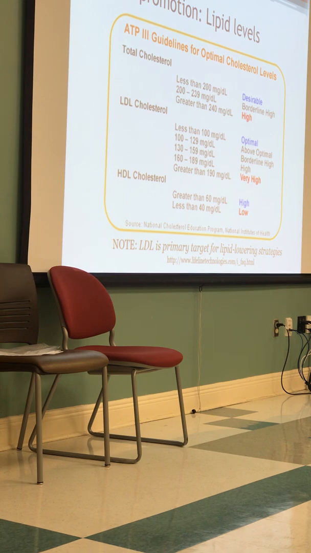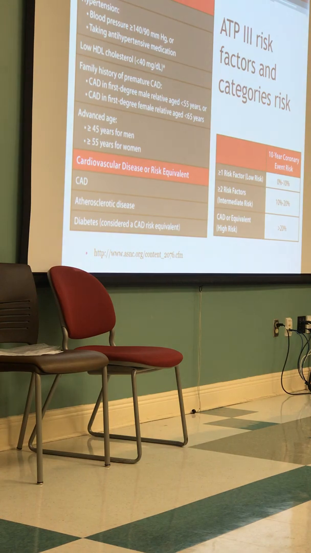Yes. For high density lipoproteins, for women, they need to be greater than 50 to be optimal. And for men, they need to be greater than 40 to be optimal. Okay? So if a man is 40, he is okay. A woman is 40, she's actually low. And we have to treat her. Okay? Make sense?